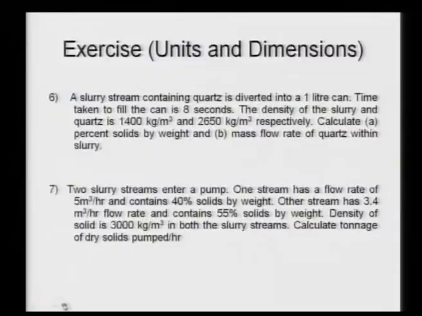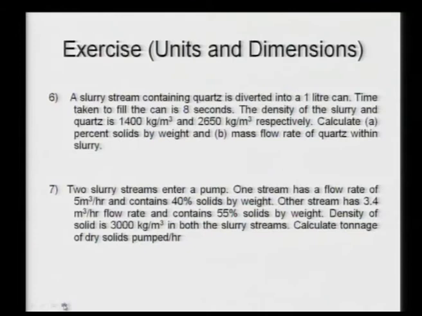Problem 7, 2 slurry streams enter a pump. One stream has a flow rate of 5 meter cube per hour and contains 40% solids by weight. The other stream has a flow rate of 3.4 meter cube per hour and contains 55% solids by weight.